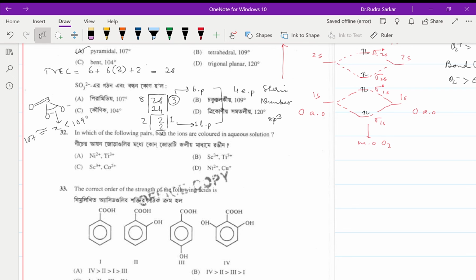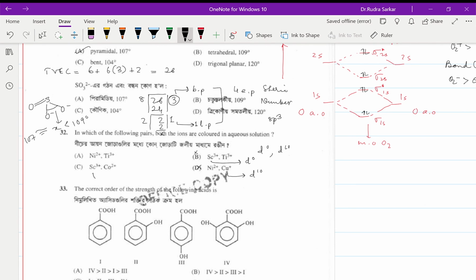Question here is 32, in which of the following pairs both the ions are colored? Okay, so for the ions to be colored, they should not be a d0 or d10 system. As we can see over here, scandium is a d0 system, so this option is wrong. For copper 1 plus, we know it is a d10 system, so this option is wrong.